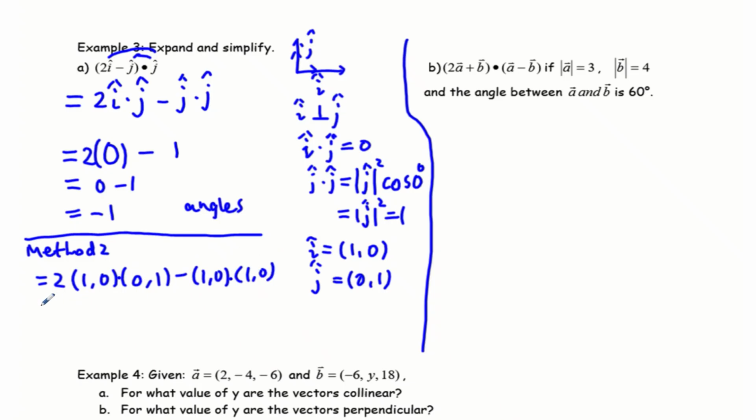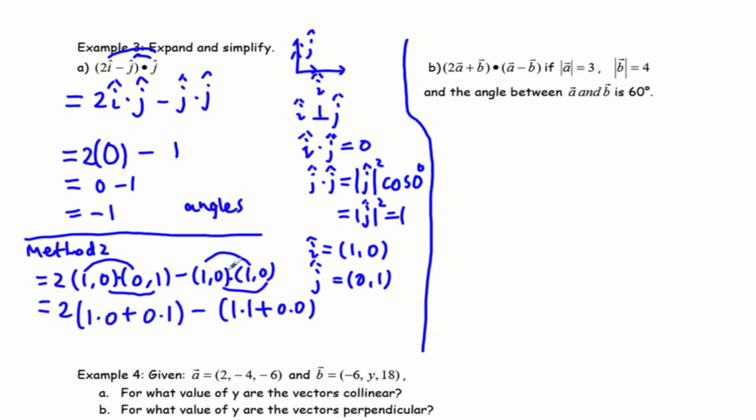From here it is x times x, y times y. So 1 times 0 plus 0 times 1, minus 1 times 1, then plus 0 times 0. This is a dot product, (a1, a2) dot (b1, b2).